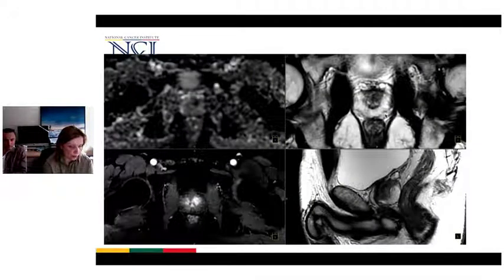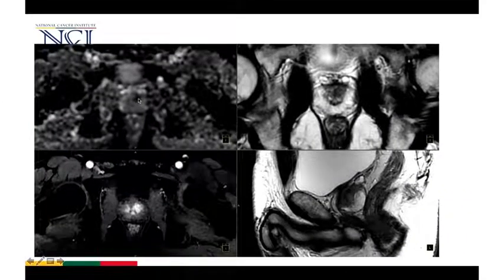For example, in this case, I don't know if you see the lesion, you can test yourself. I can depict a dark spot on ADC, and on T2 it corresponds to a nodule.